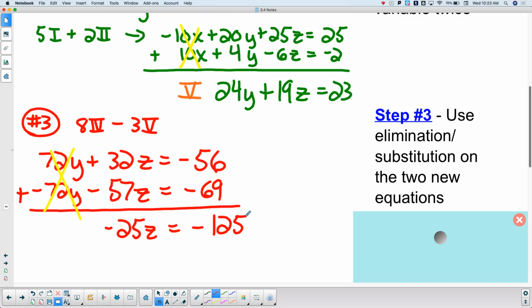Divide by -25, and I get z here is 5. Agree with z being 5. Okay.